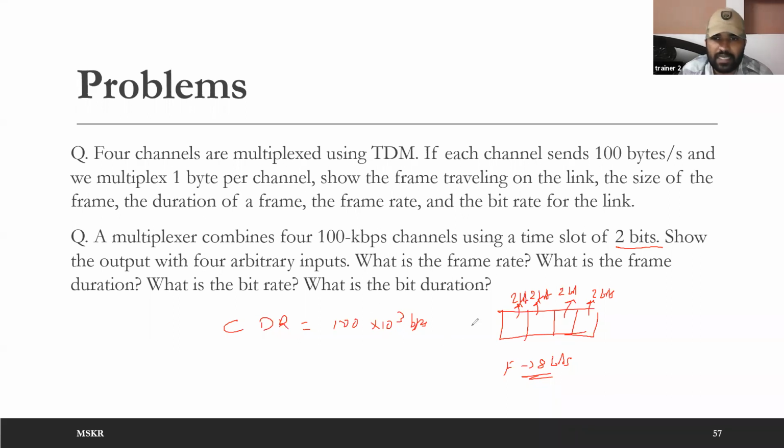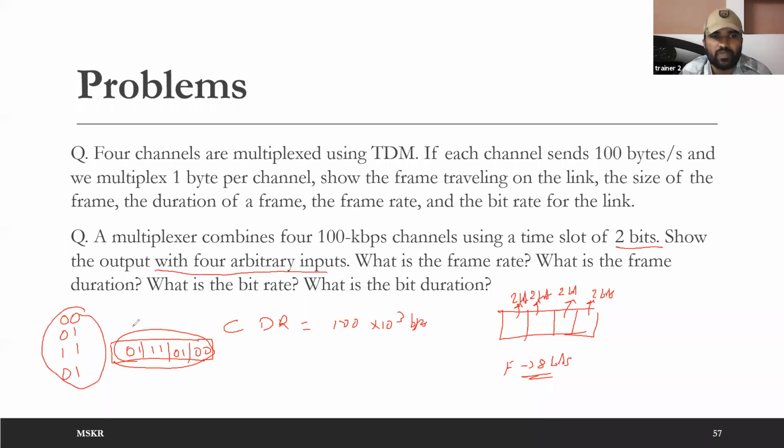So you can say if user 1 is sending 0 0, user 2 is sending 0 1, user 3 is sending 1 1, user 4 is sending 0 1, the frame will be 0 0 0 1 1 1 0 1. So this is what they ask you to do. So these are the 4 arbitrary inputs, and this is the output frame.